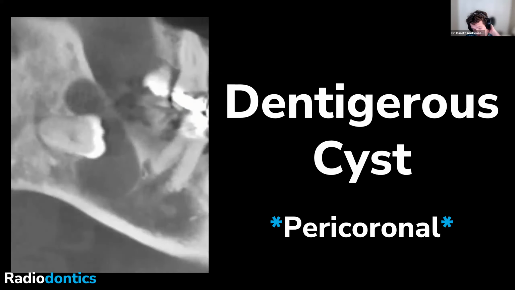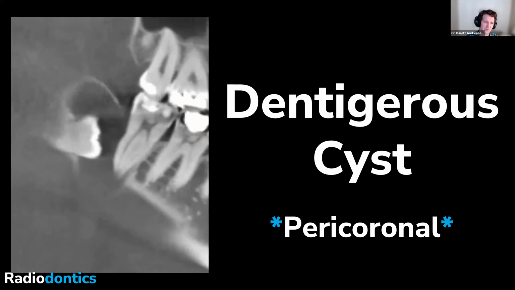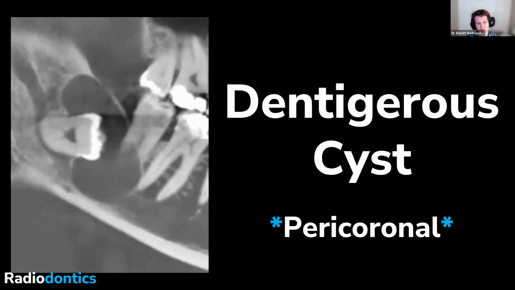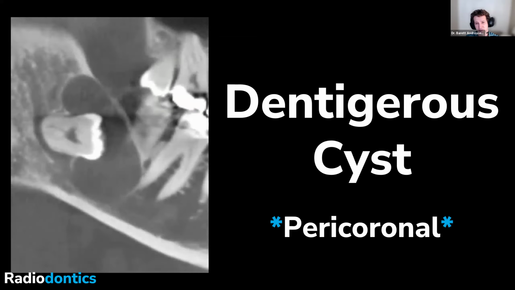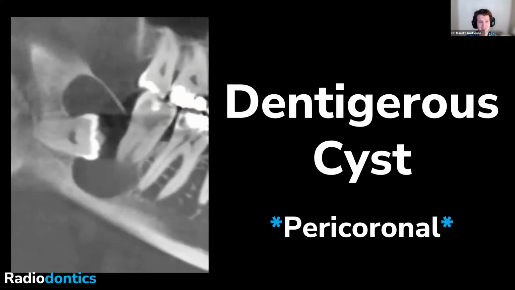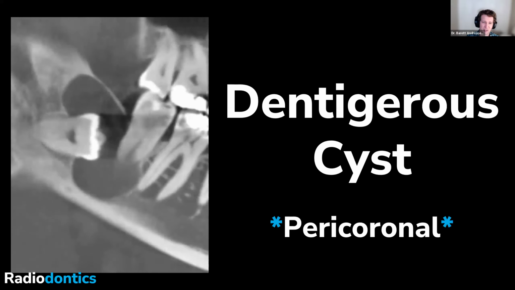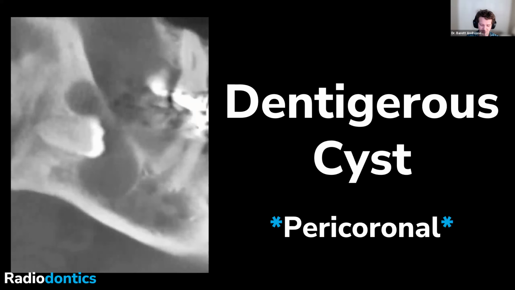We're just going to cover the more common ones just to give you a couple different examples of what you might see, and how those pathologies affect the surrounding trabecular and cortical bone. But again, you don't need to know the names of these because as long as you can identify them, you can get these referred out to an oral surgeon or oral radiologist who can help you identify what exactly the patient's dealing with.